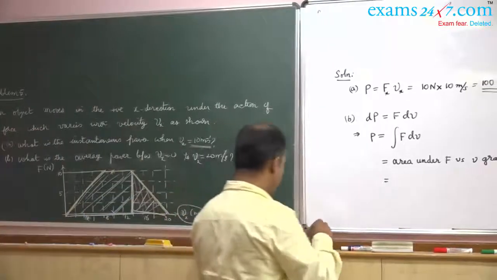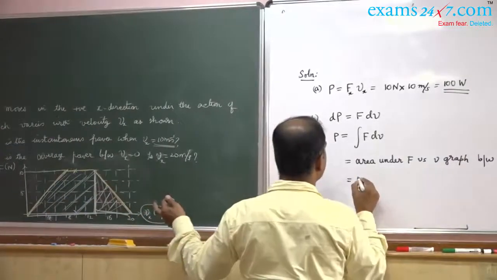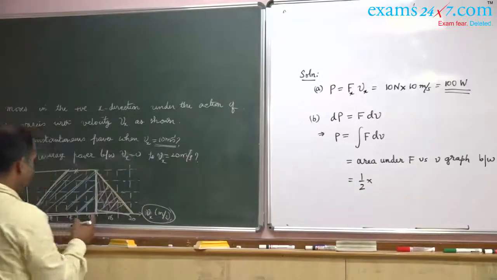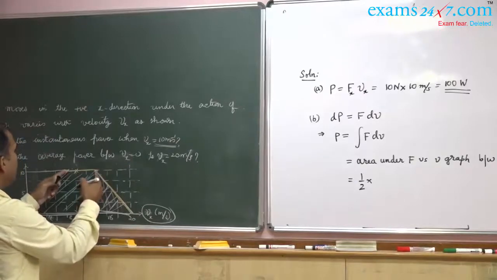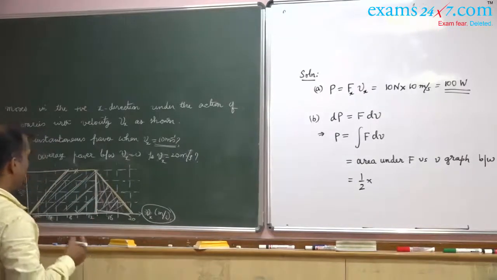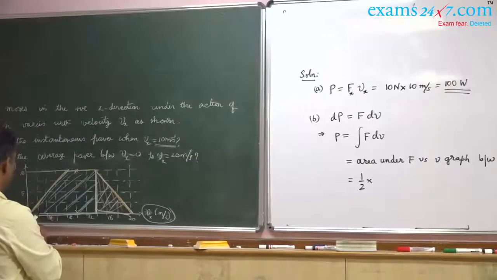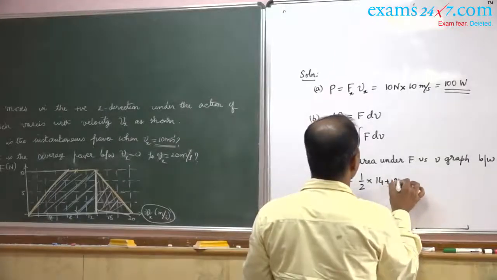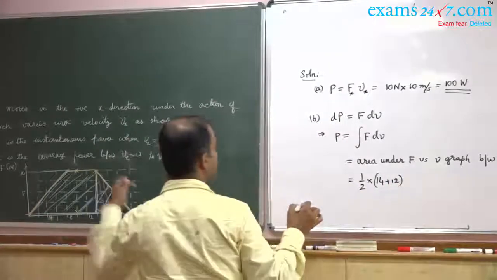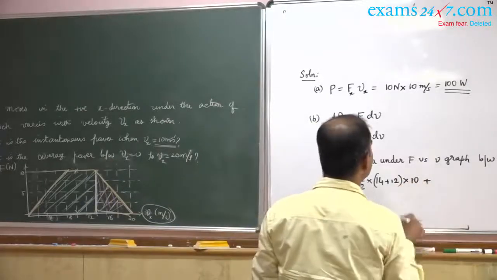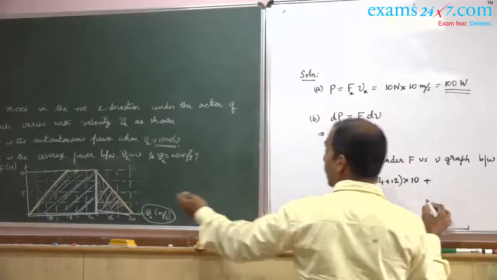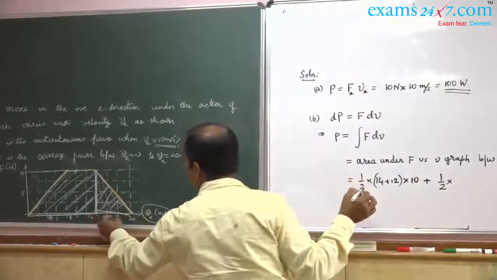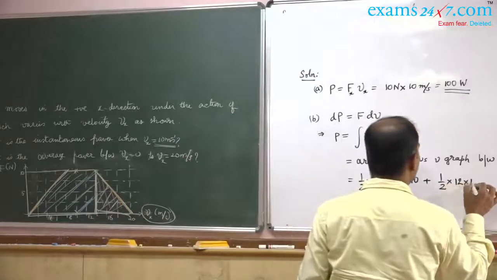So the total area, which is the total work done, is the area under the trapezium, half times the sum of the unequal sides, which is 14 plus 12, times the perpendicular distance, which is 10, plus the area under the triangle, that is half times base, which is 12, times height, which is 10.